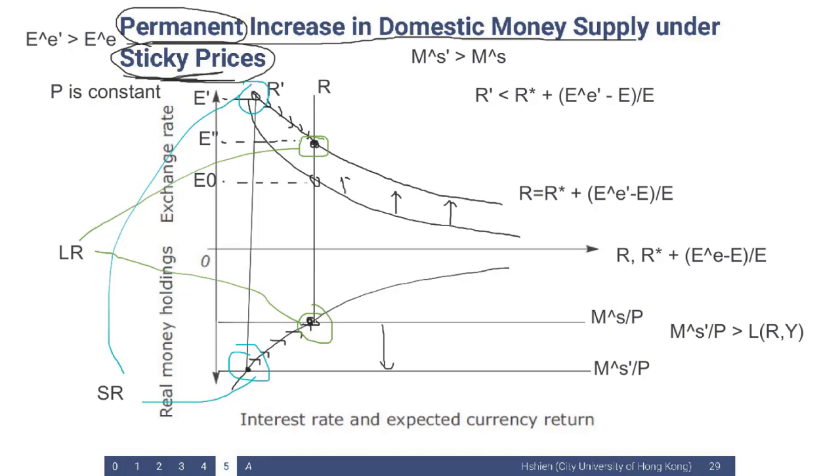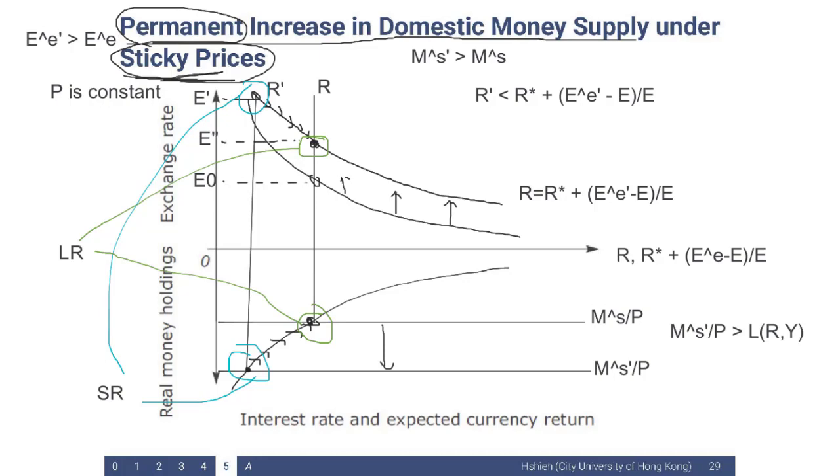Let's label the axis R star plus E hat E. And assume that we have money supply set here, real money supply, MS over P. That will clear the markets at this intersection, and therefore we will have an equilibrium interest rate that clears here, and therefore we have a starting spot rate here.